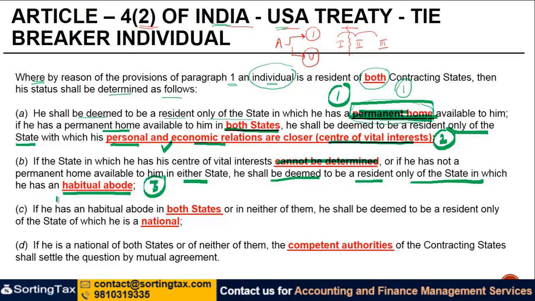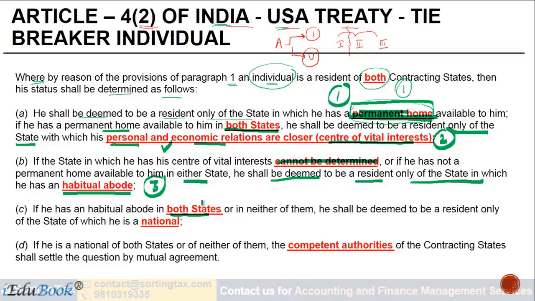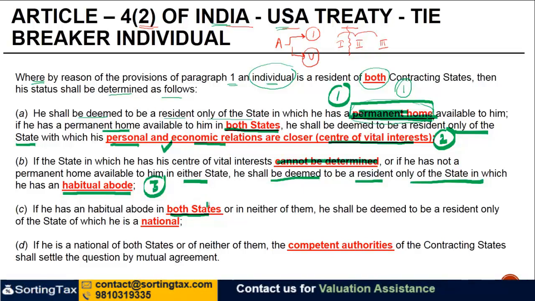Now, what is the meaning of habitual abode? We are going to see that in one of the next slides. If he has habitual abode in both states, now comes a difficult question. The person has habitual abode in both the states or in neither of them. He doesn't have any habitual abode. He shall be deemed to be a resident only of the state of which he is a national.